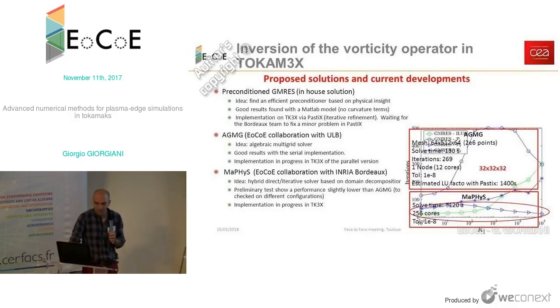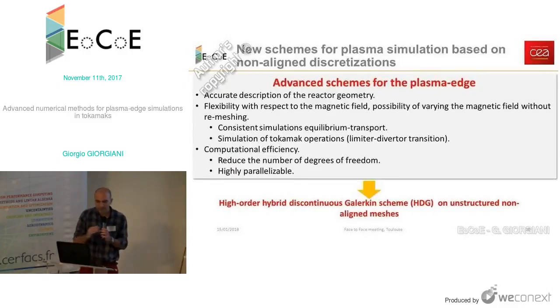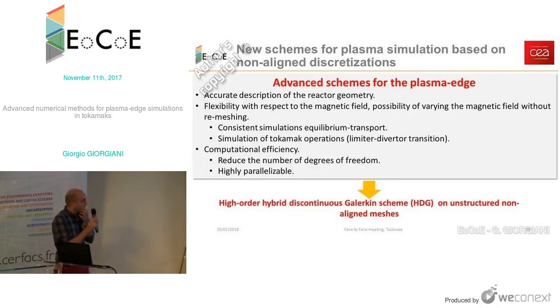I will pass now to the second part of the talk, which is related to the investigation of a new numerical scheme for the plasma simulation, which is based on non-aligned discretization. So the idea was to have a new scheme with these characteristics.